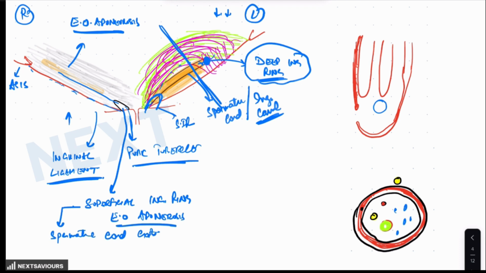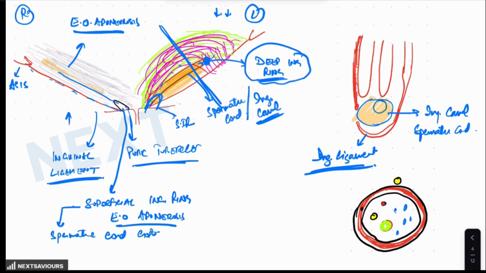What we see here is the inguinal canal region with the spermatic cord, and on the inferior aspect of its boundaries is the inguinal ligament. So what exactly is the inguinal ligament?